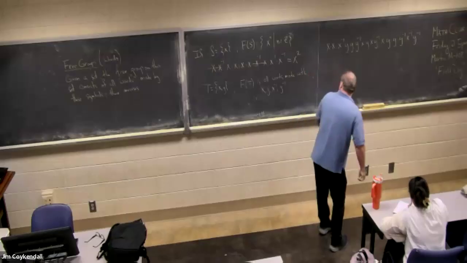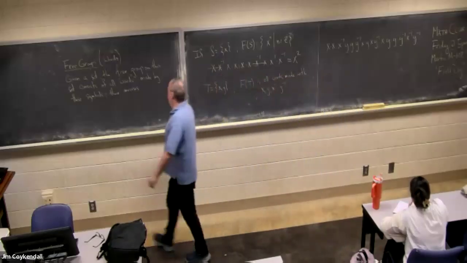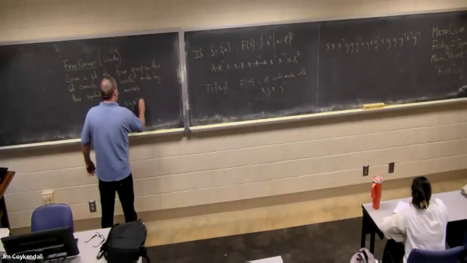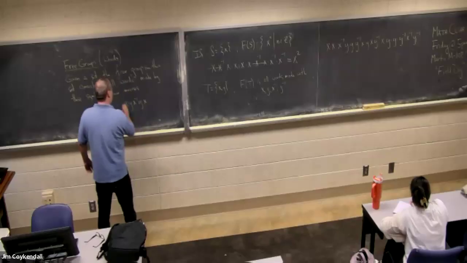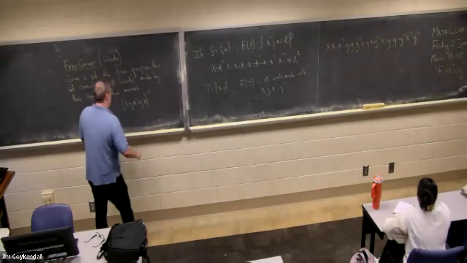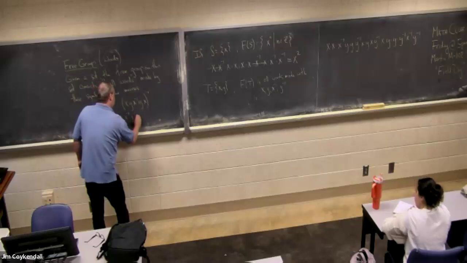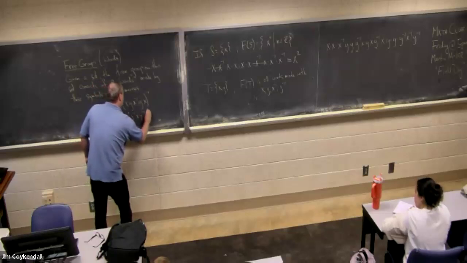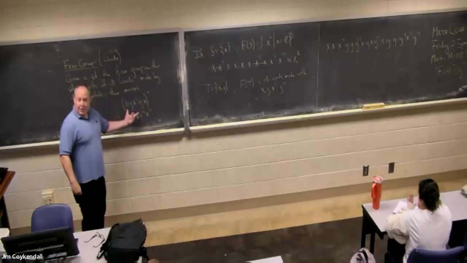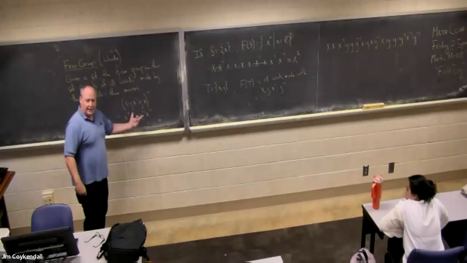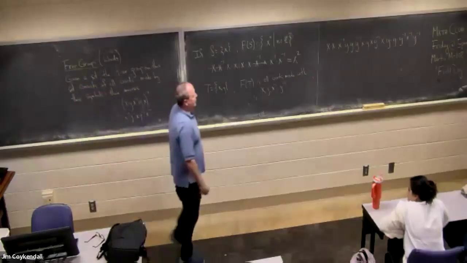So, for example, the inverse of x y x inverse y x is x inverse y inverse x y inverse x inverse. And is this still a word in x and y? It is.